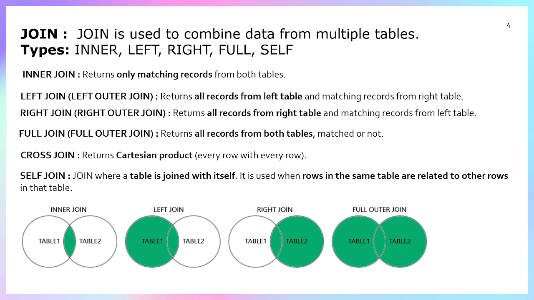Now what is the self join? Self join is something in which the same table is joined with itself. It is used when rows in the same table are related to other rows of the same table.